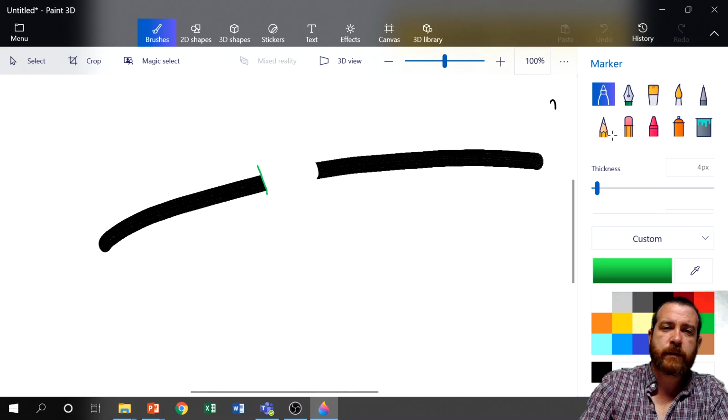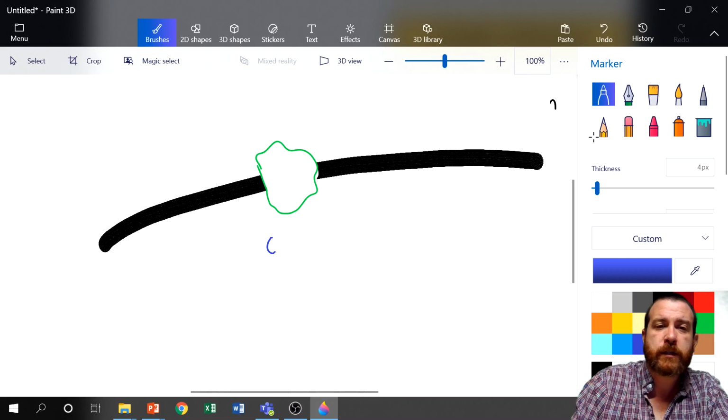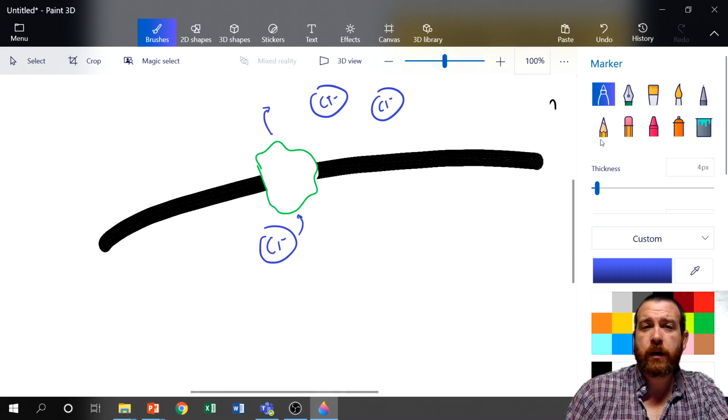So we have this CFTR chlorine pump that is allowing chlorine molecules to move outside the cell. If I have chlorine able to be excreted in higher concentrations, the water is then going to follow that concentration gradient.